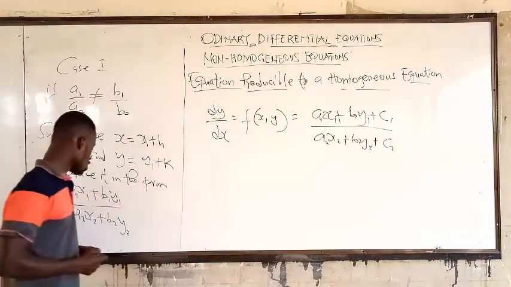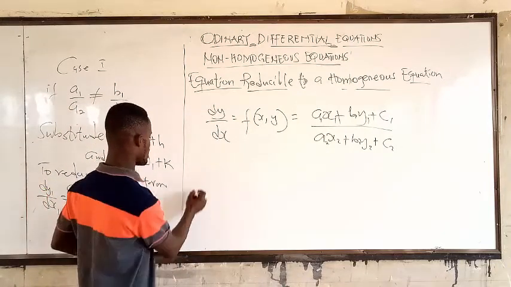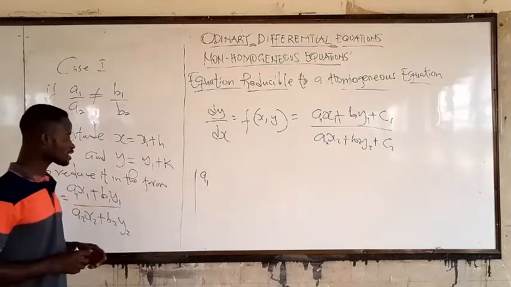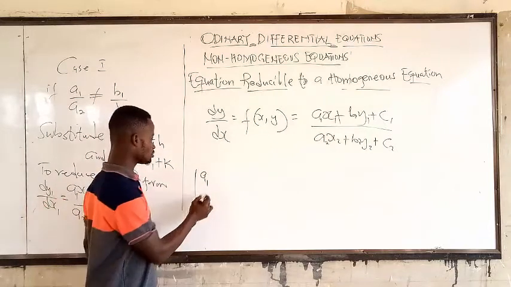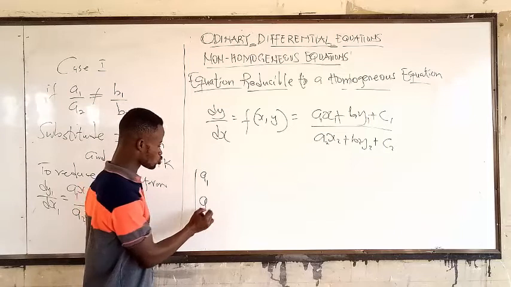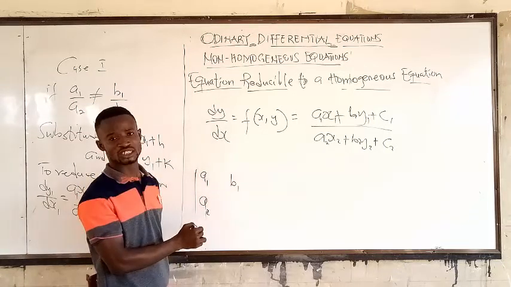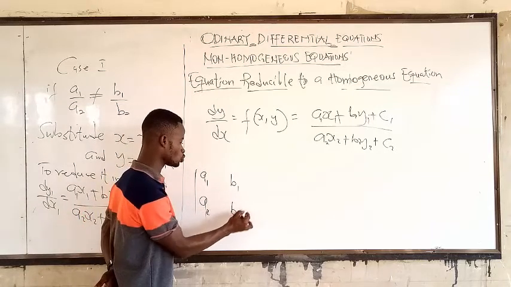Then after that, we will pick the coefficient of the x1, then here will be a2, then the b1, that's the coefficient of the y1, and the coefficient of the y2, which is what? b2.